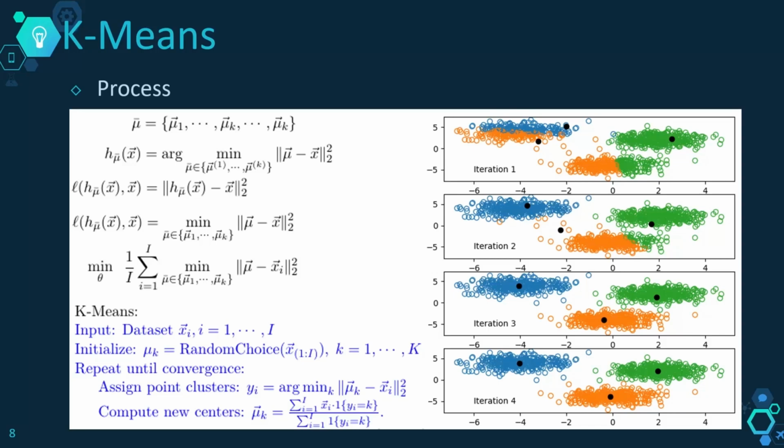But you may say, hey, it's still a little bit hard to understand. Let's explain it using one example. So take a look at this figure on the right. We have 4 iterations. At the very beginning everything should be black. There are no labels. We don't know which class each point belongs to. So usually we want to initialize the mu.